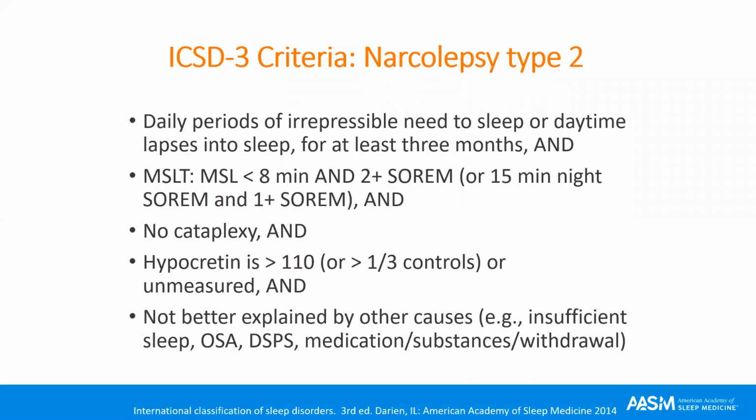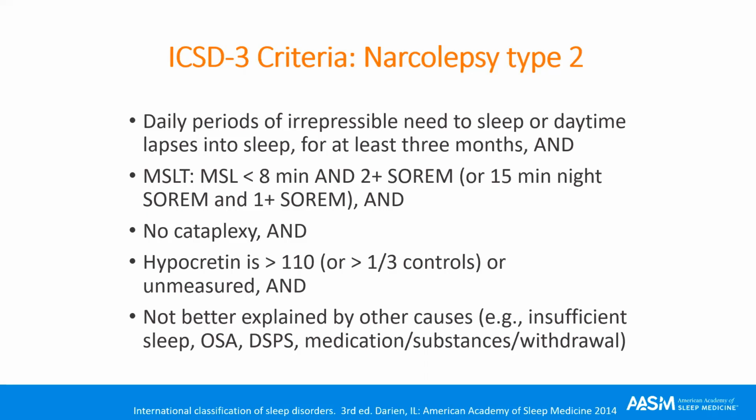They look the same on the MSLT. However, they're very different diseases. And in narcolepsy type 2, there cannot be cataplexy. You don't have to measure hypocretin to make a diagnosis of narcolepsy type 2 or narcolepsy type 1, but if you have measured hypocretin, it has to be above 110 for you to make a diagnosis of narcolepsy type 2.